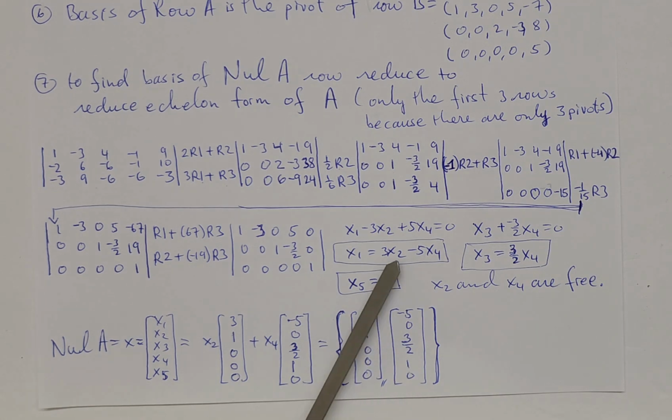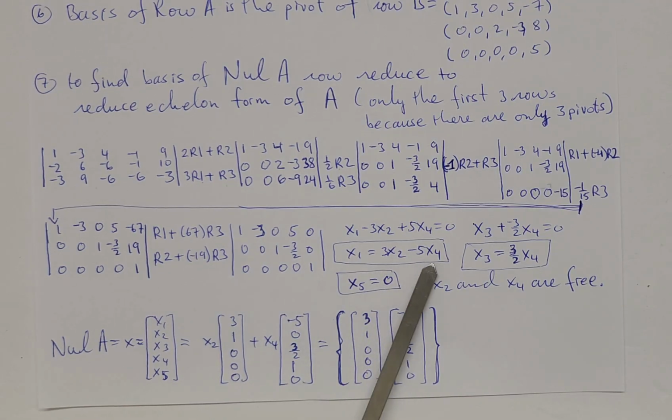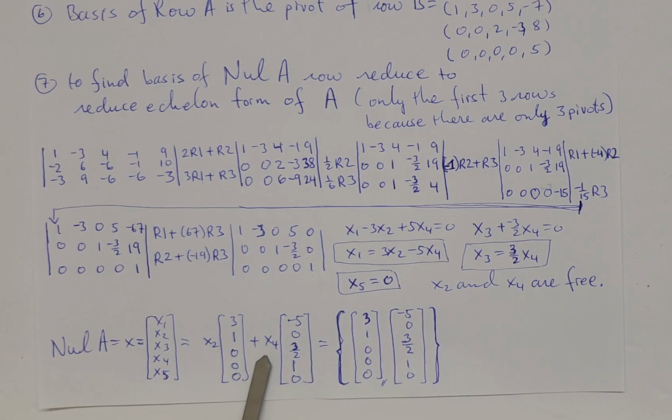Now, based on what we have, x2 and x4 only. So we will write one vector for x2. We will write the second vector for x4. Again, we only have x2 and x4. So we will write the first vector for x2, the second vector for x4.